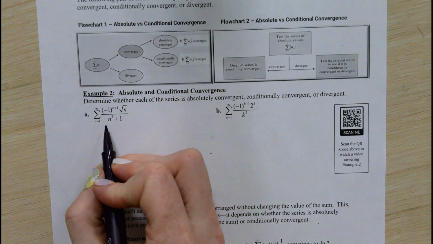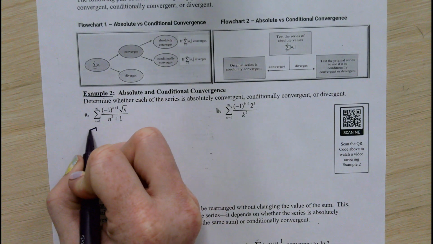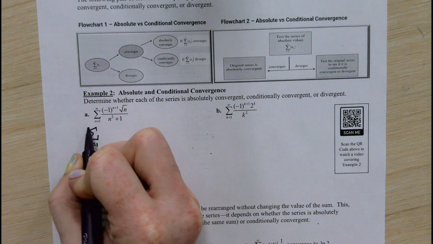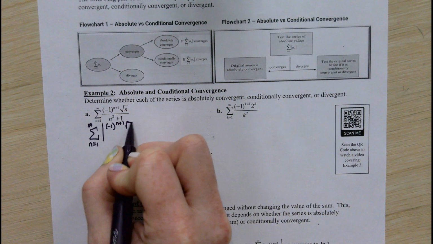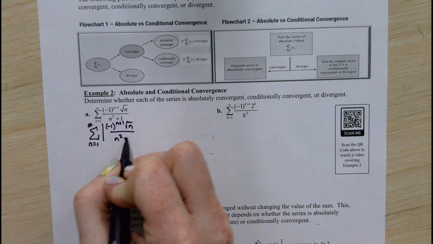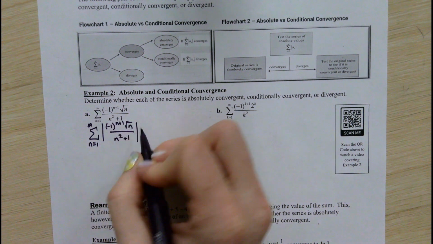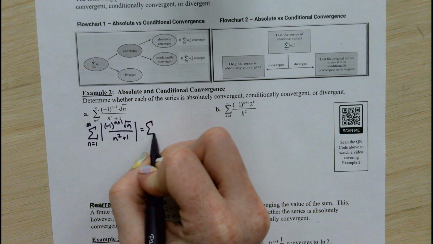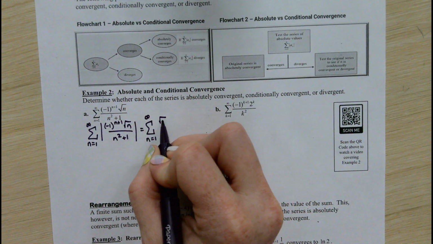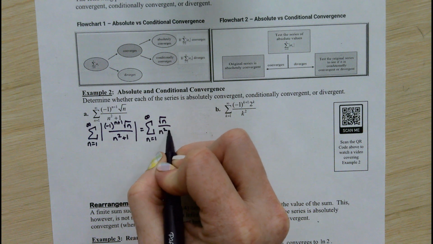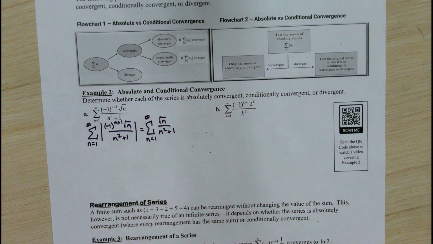And so for this problem right here, I'm going to start by considering the absolute value of this series, which means I can eliminate that alternating part. And I can think about the series root n over n squared plus 1. Okay.